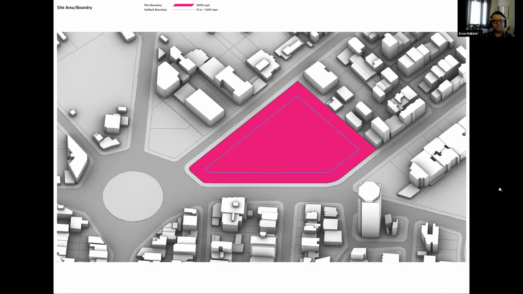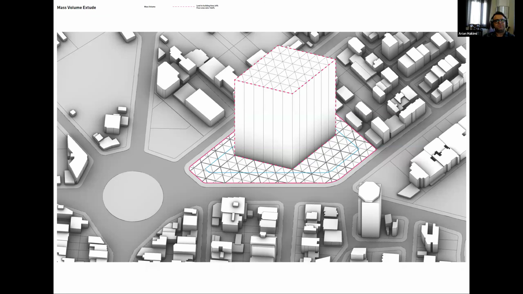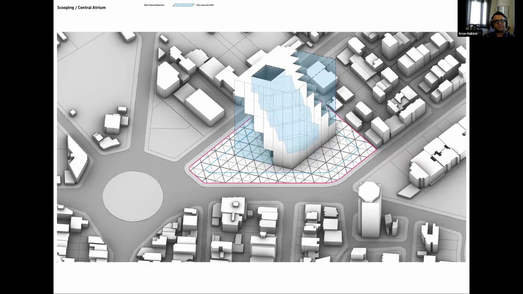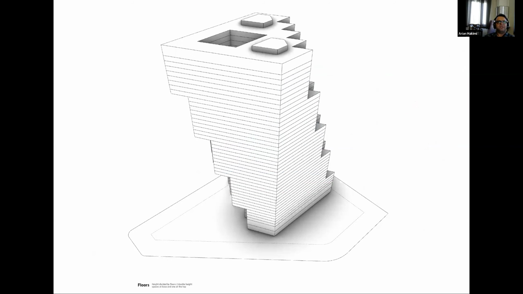Then this is the site creating the primary grid, which comprises these triangles, creating the plot boundary, the setback, and the building footprint, extruding the entire mass, and carving it to get the entire GFA, creating this mega atrium from the bottom to the top, creating a welcoming effect like a Mukarnas, with stepping internal balconies and stepping external balconies.